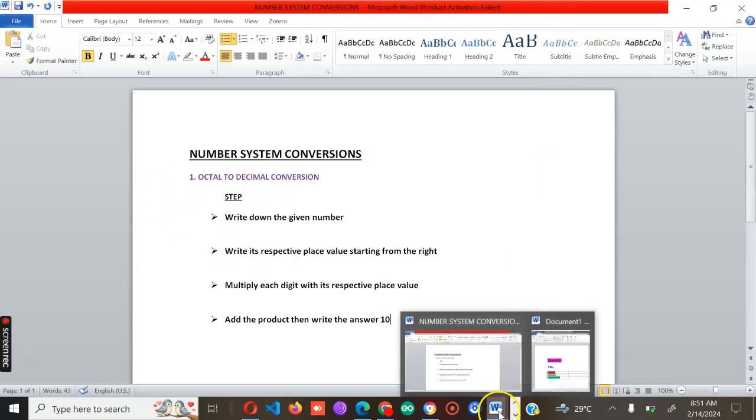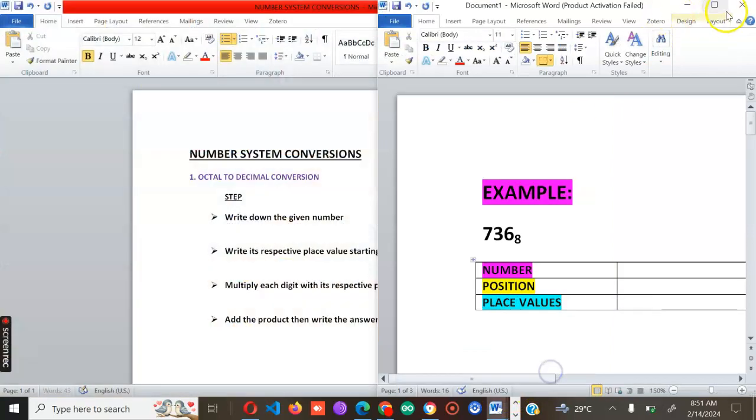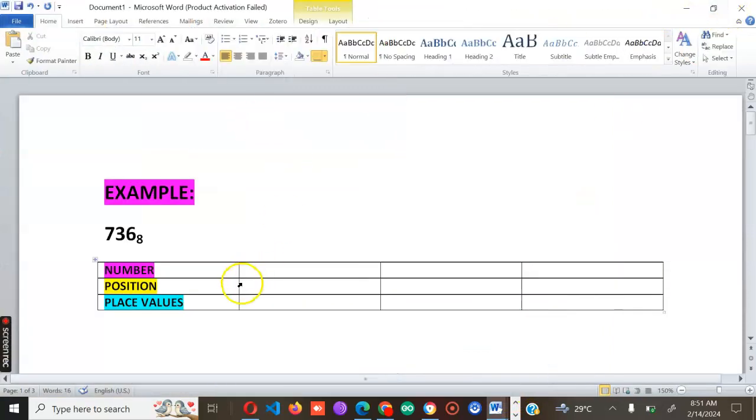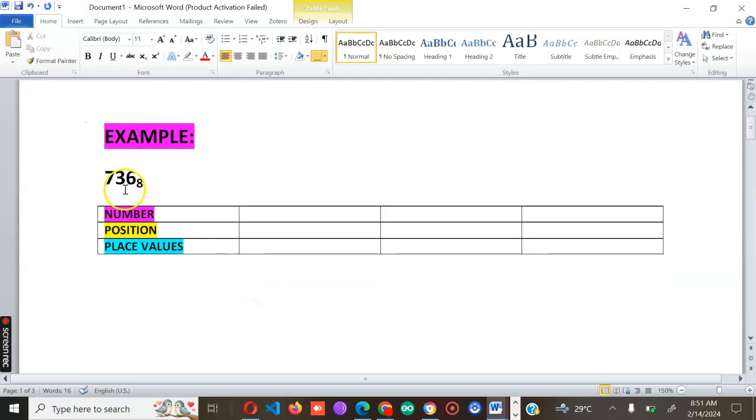Okay, having done that, let's now dive into the actual example. This is our example, where we have 3736 base 8. So the number is 736 base 8. We have 7, 3, and 6.